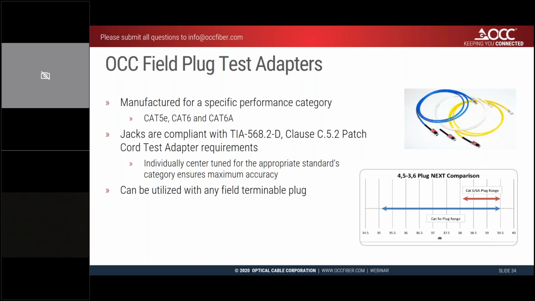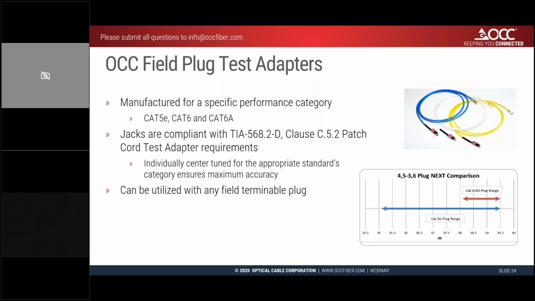And without boring you too much, the main point is that the centering is based on bandwidth. A Category 6A center-tuned jack is center-tuned between 1 and 500 megahertz, all right? A Category 5E center-tuned jack is center-tuned between 1 and 100 megahertz.